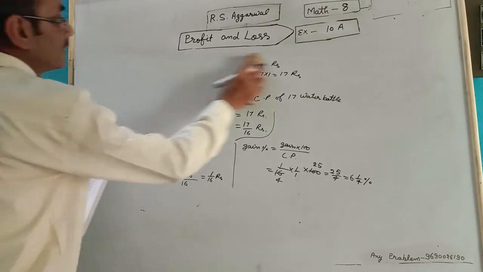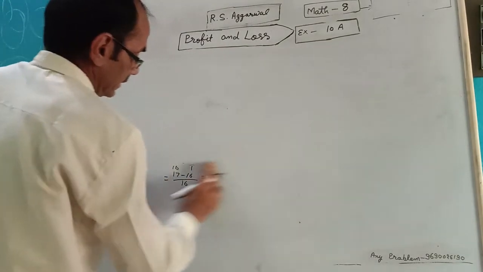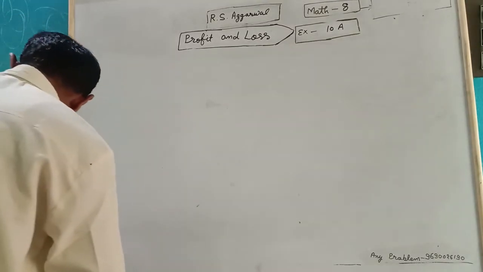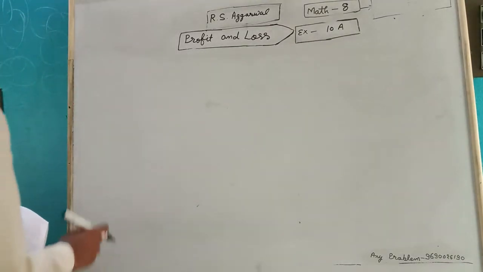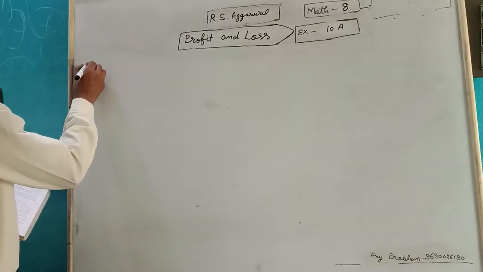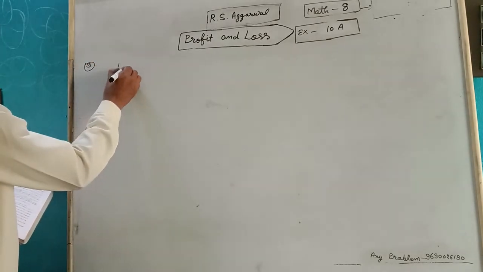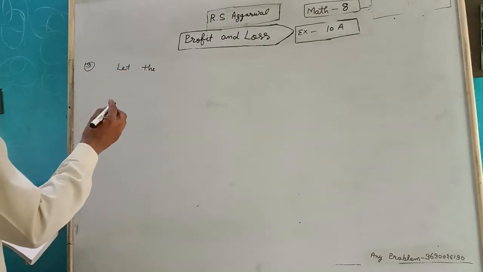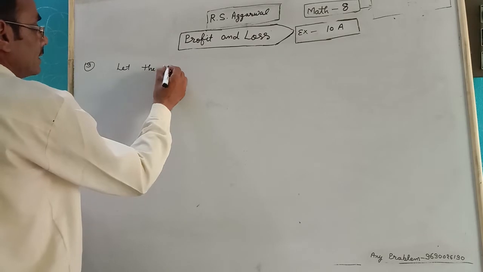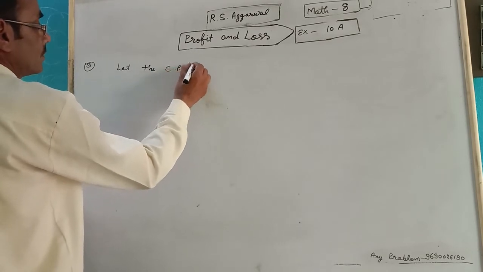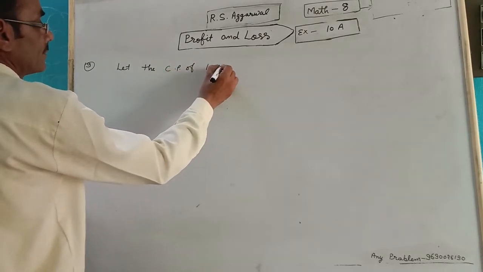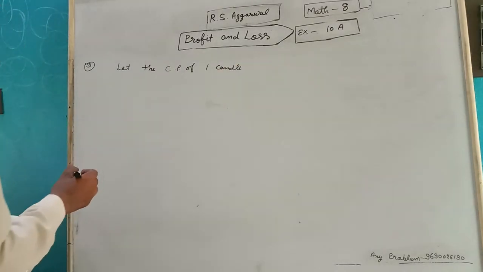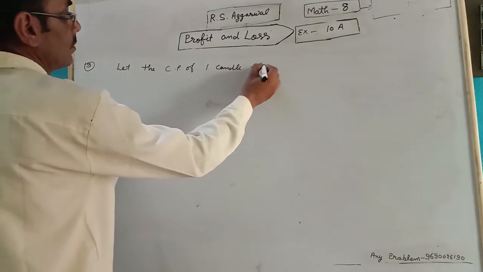Question number 9. At first, let the CP of 1 candle be equal to 1 rupee.